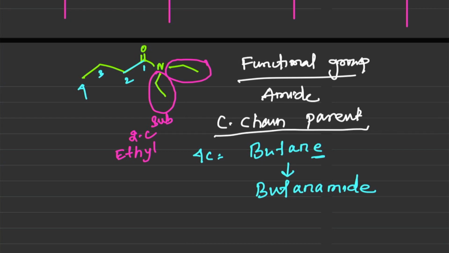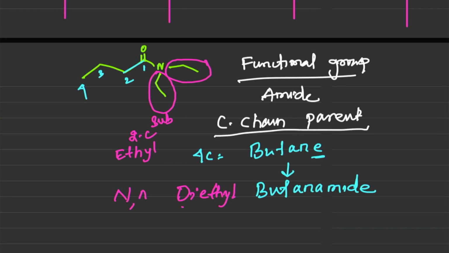So how many ethyl groups do we got? We got 2 ethyl, right? So let's call it diethyl. If you have 2 different ones, then you can call it methyl ethyl or propyl ethyl or isopropyl, whatever you got. So diethyl butanamide. Now where exactly are both of the ethyl groups? They're on nitrogen.